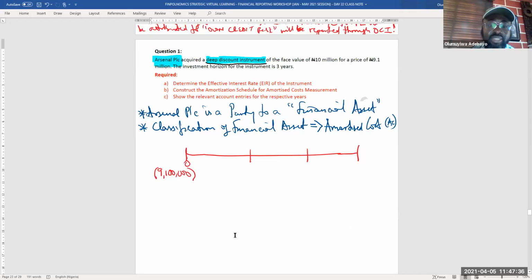We invested 9.1 million as outflow in year 0, which is today.